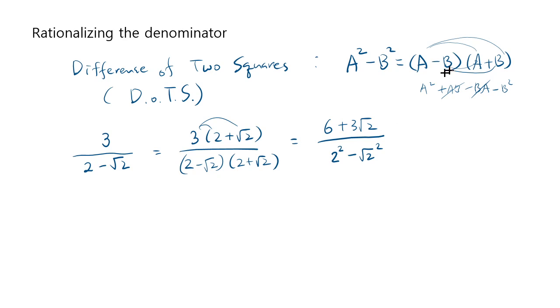So indeed this is true, and if you use this formula you get 2 squared minus square root of 2 squared, and they cancel, and therefore you get 6 plus 3 radical 2 over 4 minus 2, which is 2, so the answer will be 6 plus 3 radical 2 over 2. So that's how you rationalize the denominator.